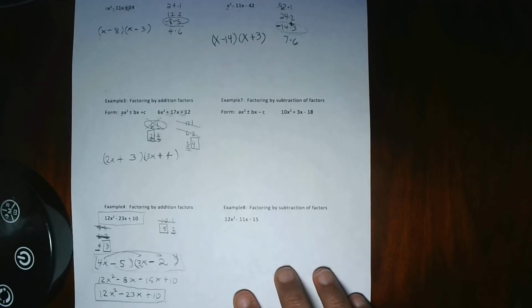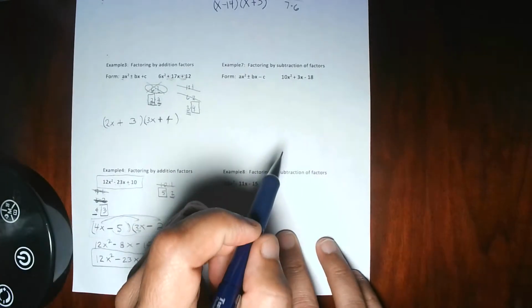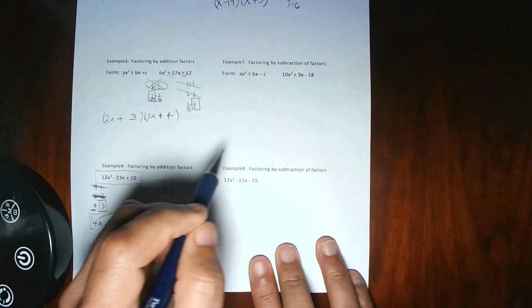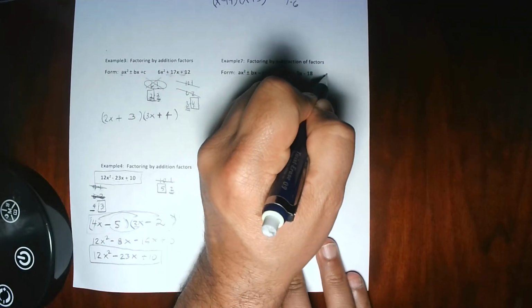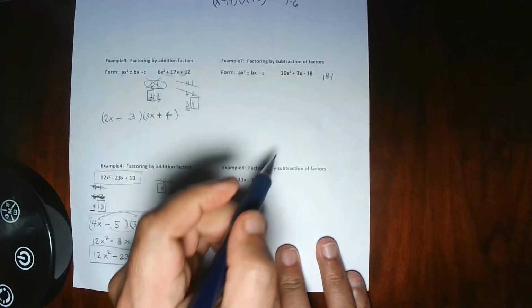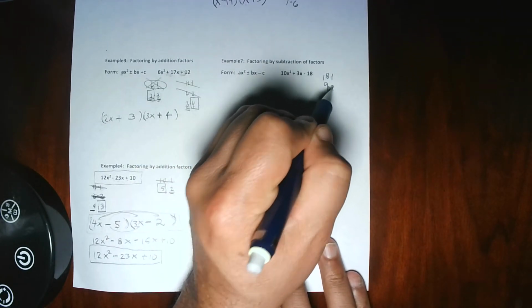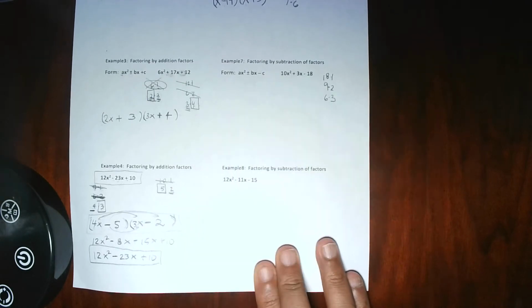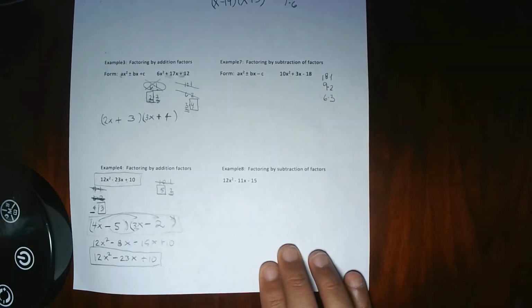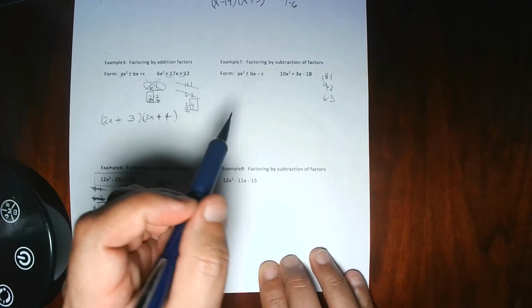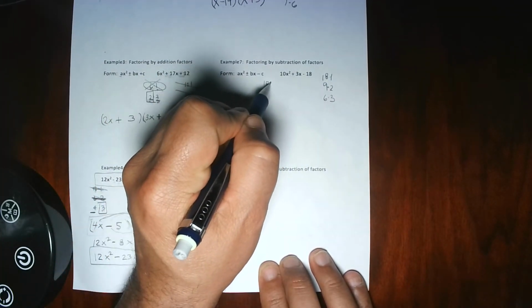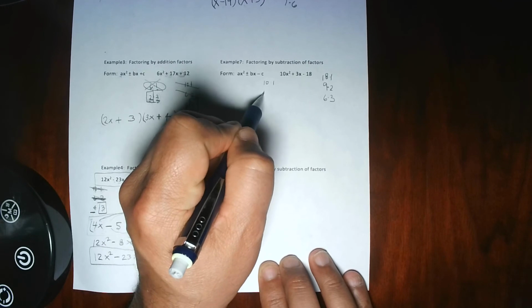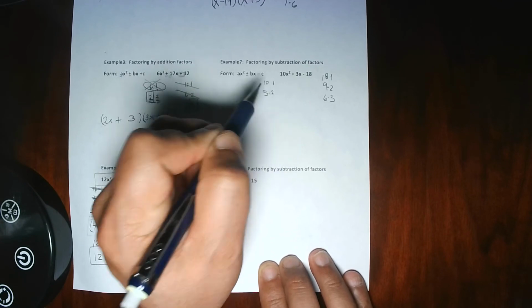So again, we need to look for the factors of 18. So let's write them down now. We know that this is going to be 18 times 1, and then 9 times 2, and then 6 times 3. Those are going to be our factors for 18, right? Now for 10, we're going to have 10 times 1 and 5 times 2.